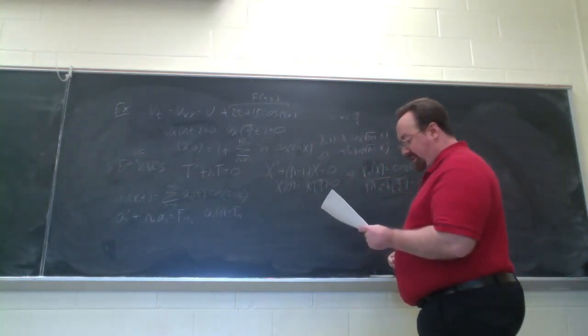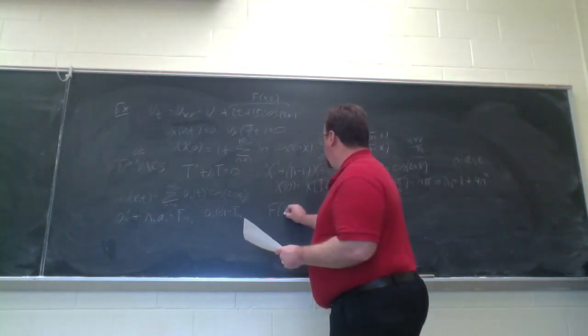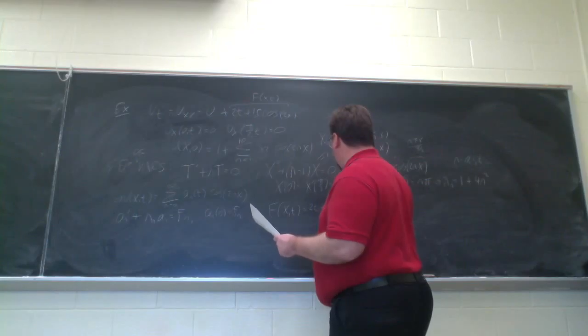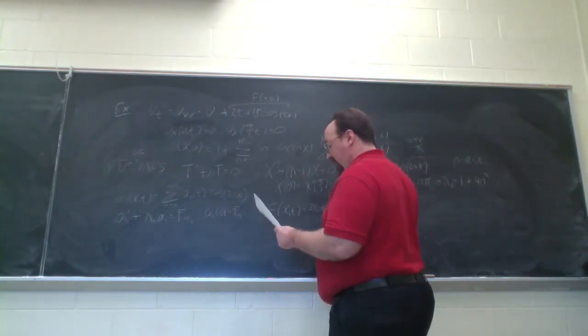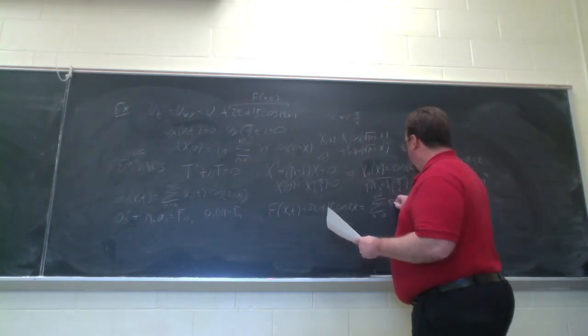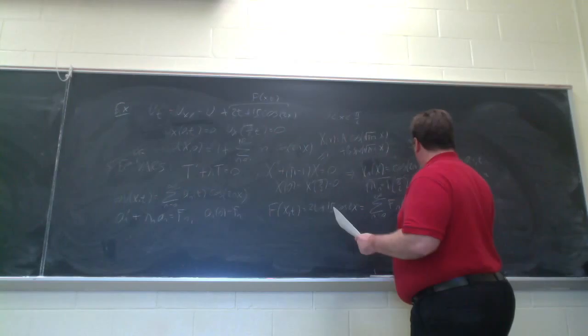So what we have is big F of x,t, which is 2t plus 15 cosine 2x, is an expansion of big Fn cosine 2nx.